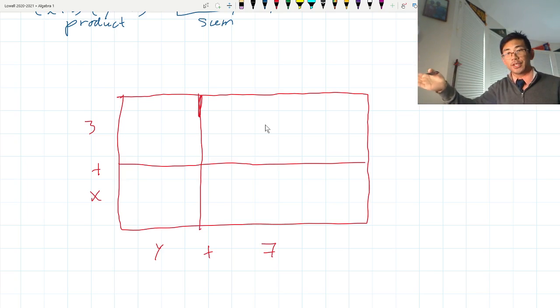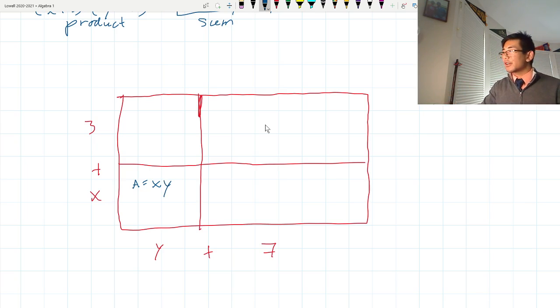Check this out. The dimensions of this piece in the bottom left corner are x by y, so the area of just this corner piece is x times y, or xy.